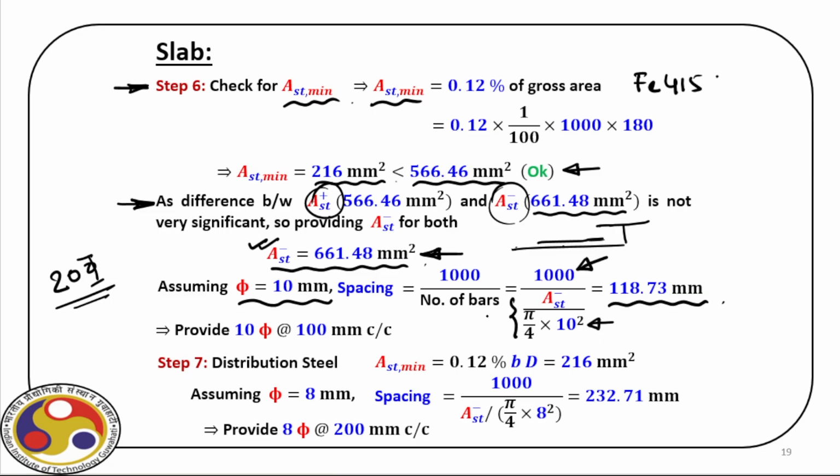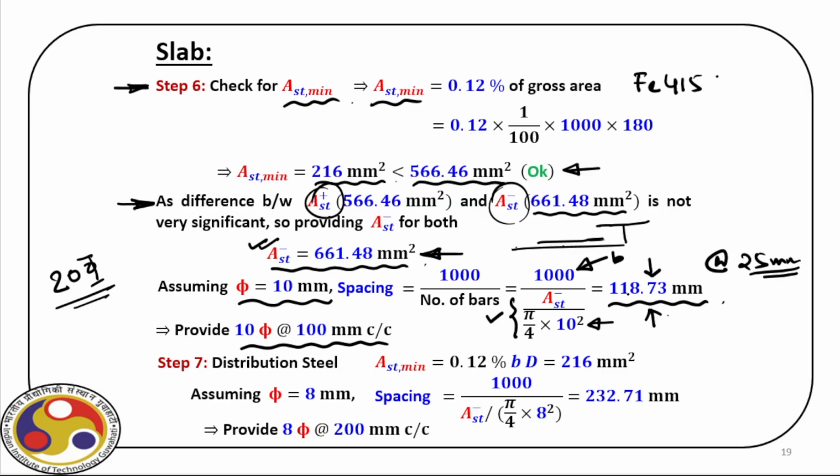So this is the number of bars, and when we divide the width B here by the number of bars, we get the spacing. So we provide 10 phi bar at the rate of 100 millimeter center to center, because we have here 118, and if you recall, we always try to provide at the rate of the nearest integer of 25 millimeter.